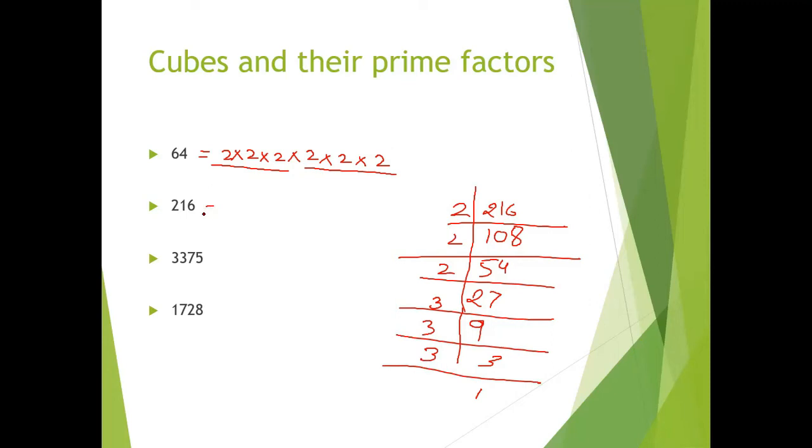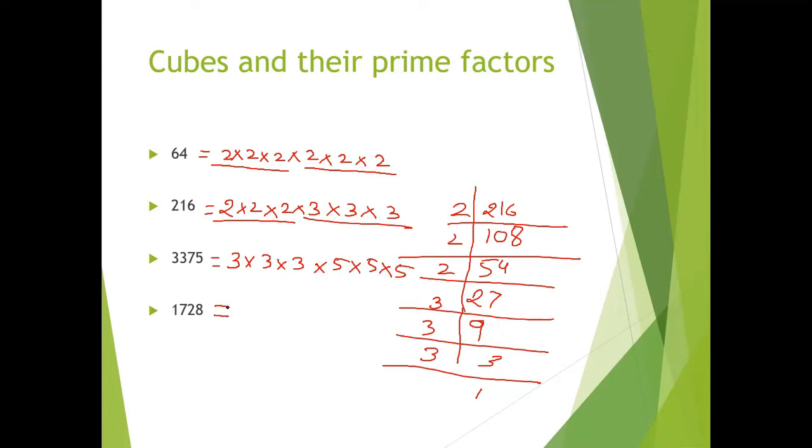Okay, so 216 can be written as 2 into 2 into 2 into 3 into 3 into 3. Each prime factor appears 3 times. Same with 3375: 3 into 3 into 3 into 5 into 5 into 5.